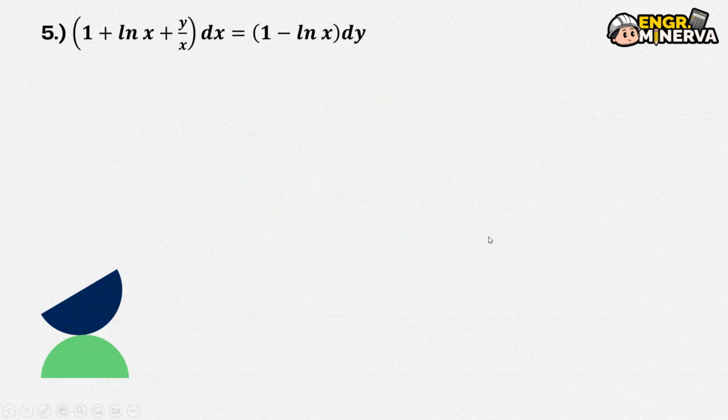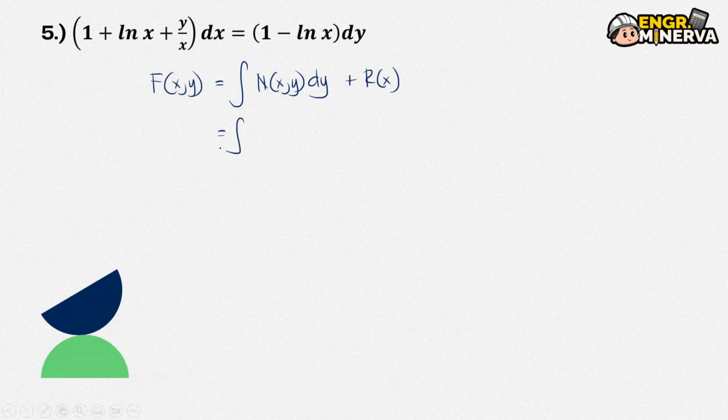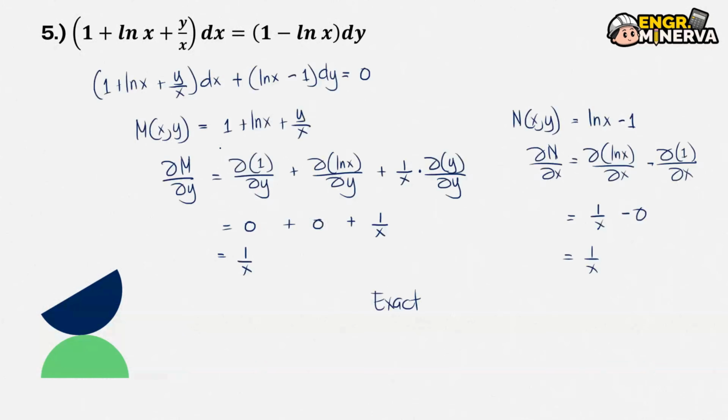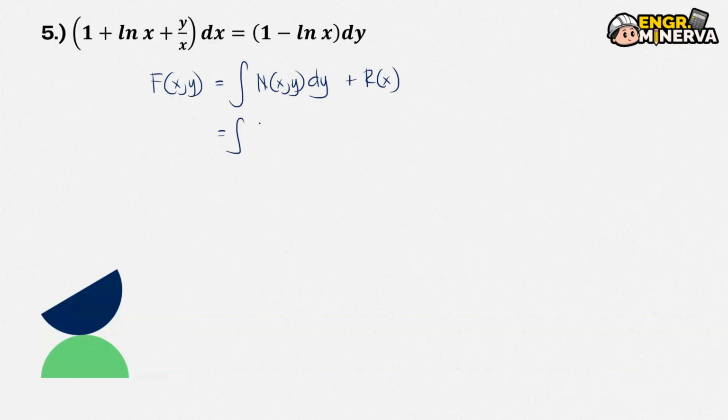Okay, next, for our N, the integral of N dy plus a function of x. We just copy. That must be ln of x minus 1 because we have transposed it to the other side.